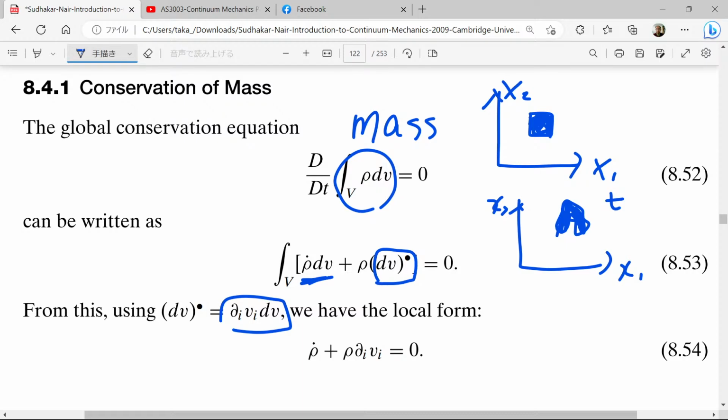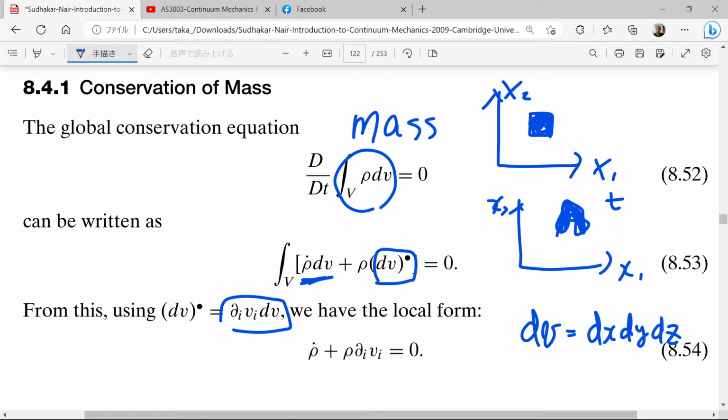How do you get this? dV should be like this one, right? dx, dy, dz.